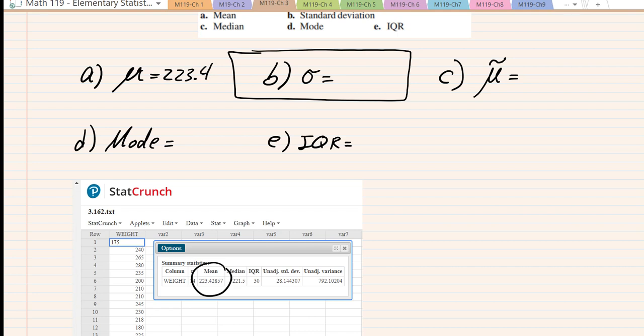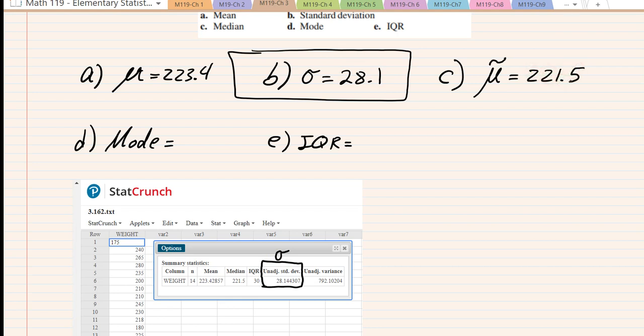What is the population deviation? We're going to look at the unadjusted standard deviation. That's what sigma is. It's 28.1. And the population median is 221.5.